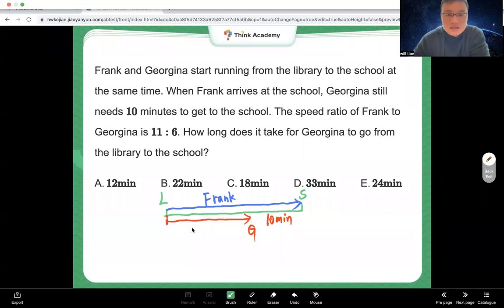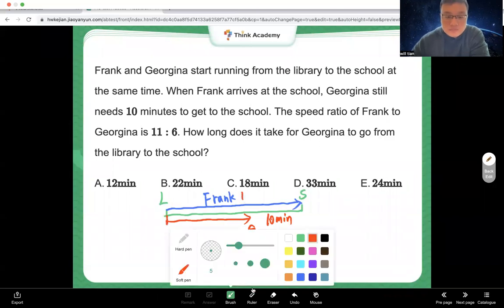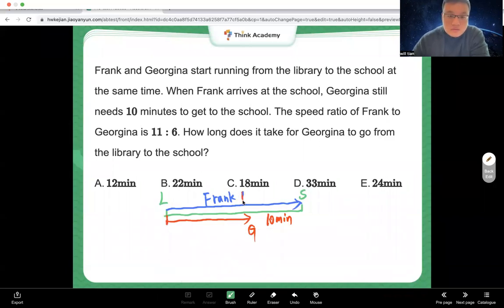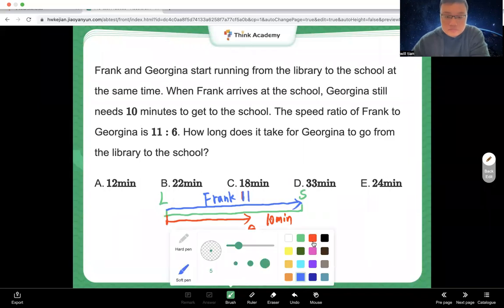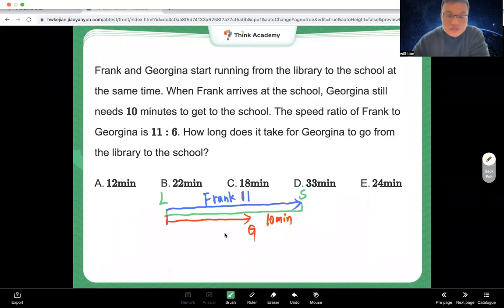And it tells us the speed ratio is 11 to 6. All right. So question, how long does it take for Georgina to go from library to school?